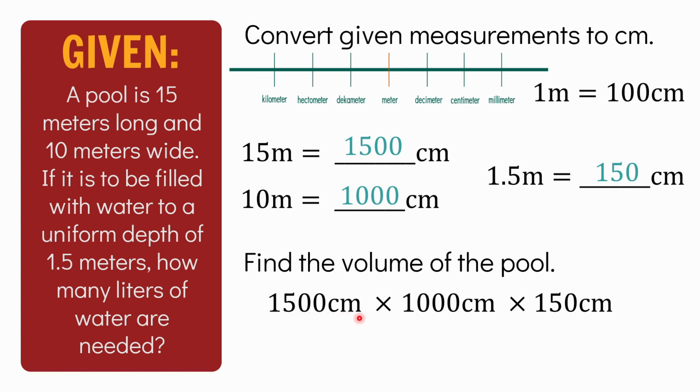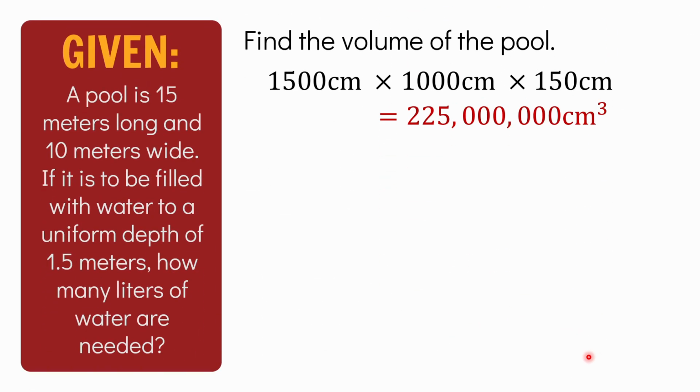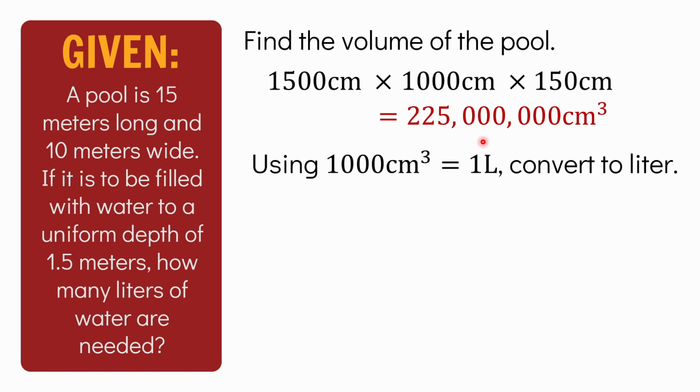So 1,500 centimeter times 1,000 centimeter times 150 centimeter gives us 225 million cubic centimeter. Now that we already found the volume, we can easily convert it into liter using the formula 1000 cubic centimeter equals 1 liter.